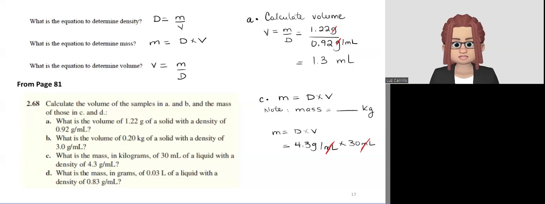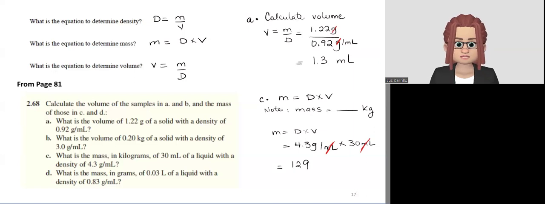So when I take 4.3 and I multiply it by 30, I see an answer of 129.